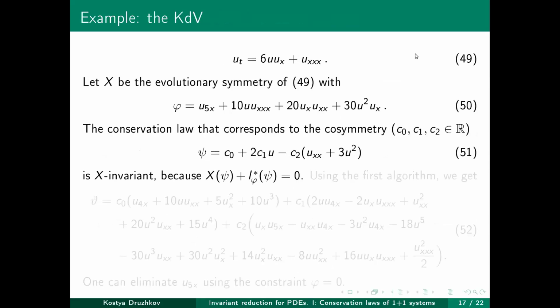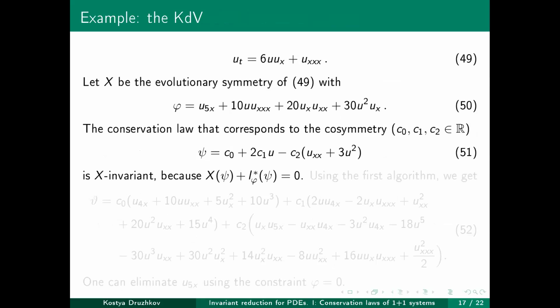And let's consider another example, when we can integrate the corresponding system using the constants of x invariant motion. Let's consider the KdV, and let X be the evolutionary symmetry of the KdV given by its characteristic under formula 50. That's the fifth order characteristic.